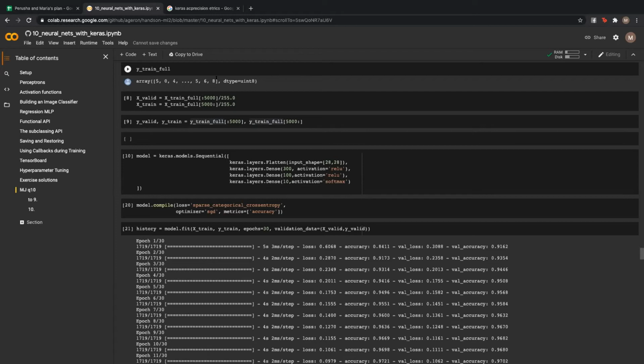Maybe in the backend it converts these into ones and zeros again. Yeah, probably, that's possible.